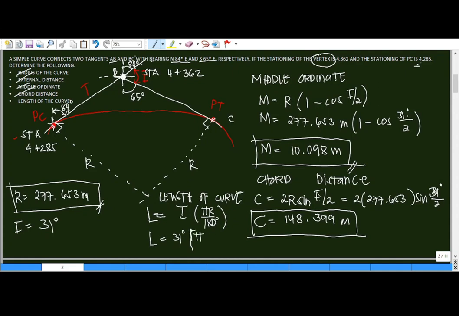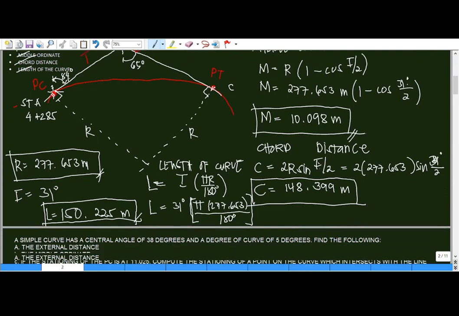Nasolve ko na si R, that is 277.653 meters over 180 degrees. So if you input this in your calculator, the value of your L is 150.225 meters. I can verify all my answers presented in this solution. So, solve ko na yung 5 unknown sa problem na to for the simple curve.